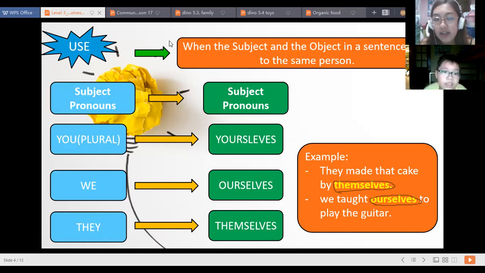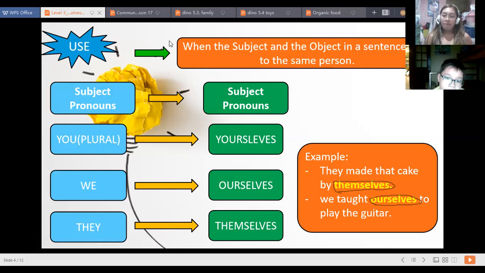Use when the subject and the object in a sentence refer to the same person. Subject pronoun: you, we, they. Yourselves, ourselves, themselves. Example: They made that cake by themselves.